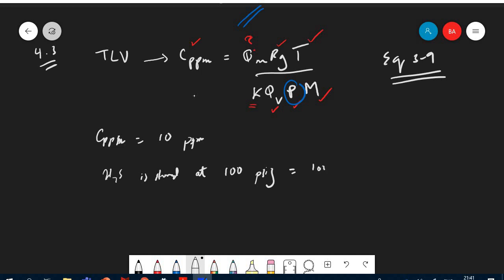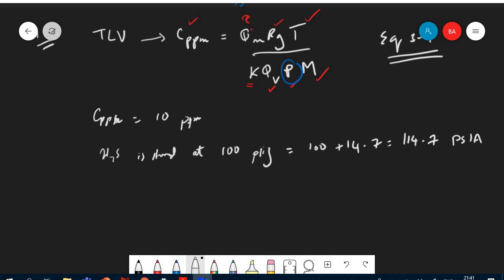That will be 100 plus 14.7, which is 114.7 PSIA. What about the temperature? Here the temperature is 80 degrees Fahrenheit. To put it in Rankine, that will be 540 degrees Rankine.